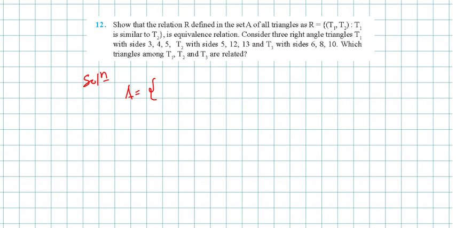So, let us say this is an isosceles triangle, this is a right angle triangle, this is some kind of other triangle, and so on, all kinds of triangles.